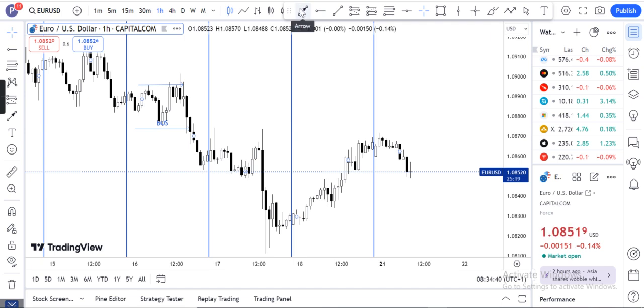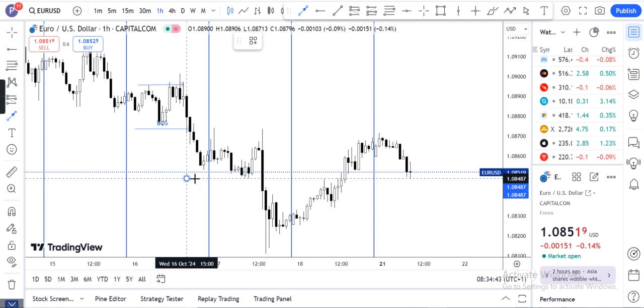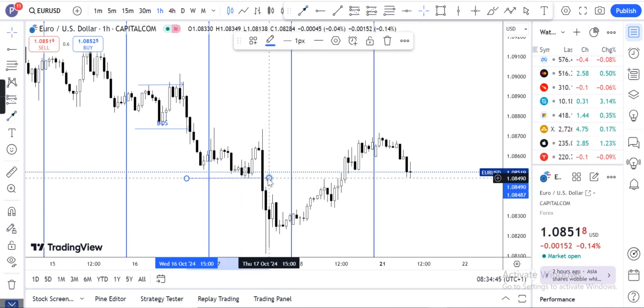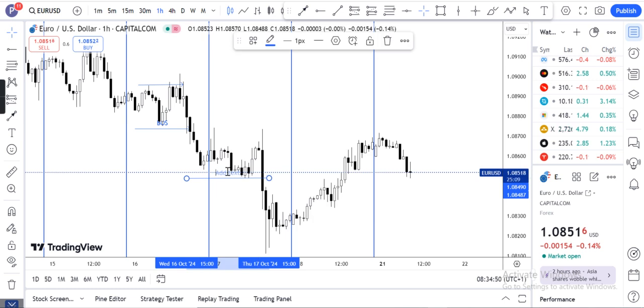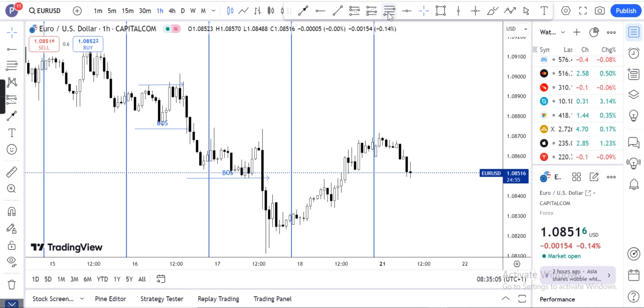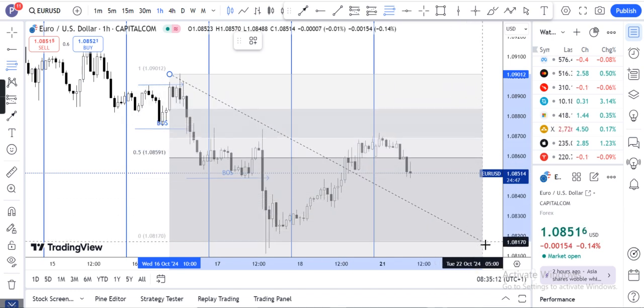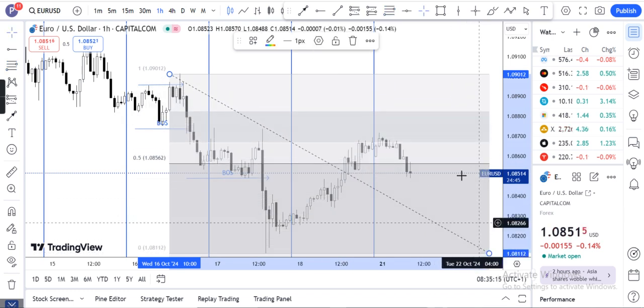And then we also have a break of structure at this point. We have a break of structure here. All we'll simply do is mark this level from this point here down to this point, and then this is our entry.